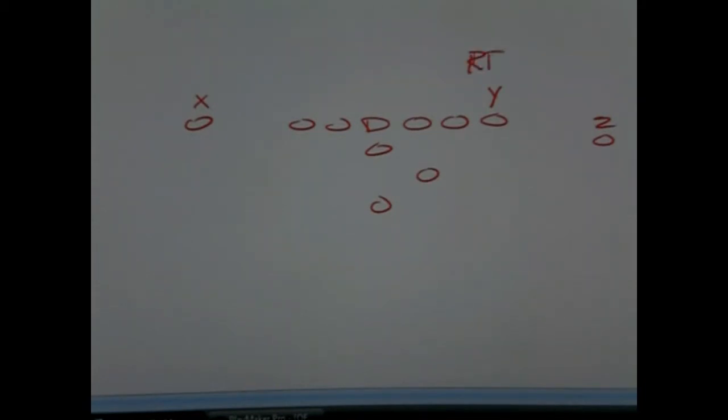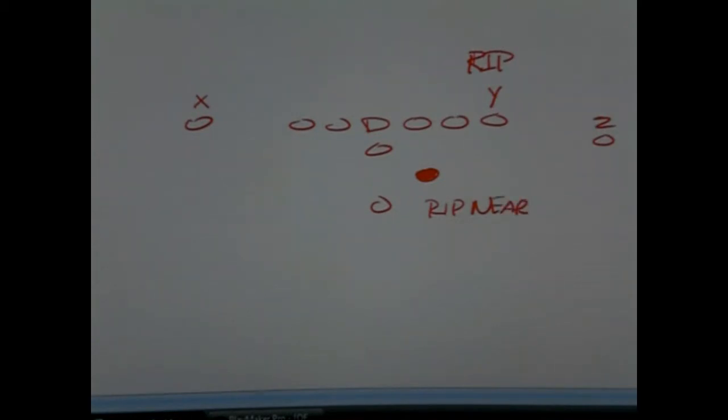And he's inside position. So that's a rip. Okay? Here's our fullback. He's on the same side as the tight end. So that's a rip near.